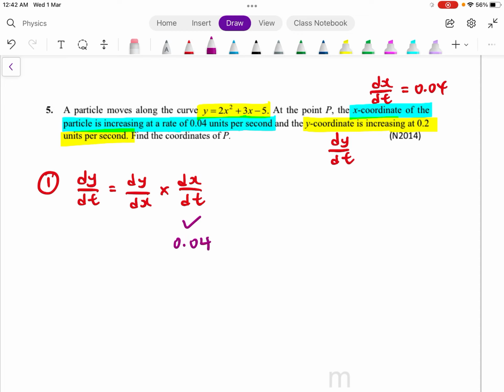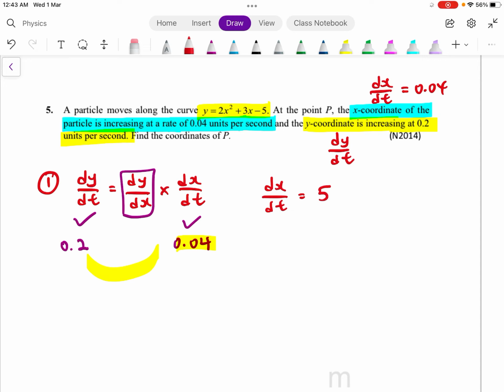Then dy/dt is 0.2. What we want to find is dy/dx. If you move the 0.04 to the left hand side, you will get dy/dx is equal to 0.2 divided by 0.04, which is equal to 5.